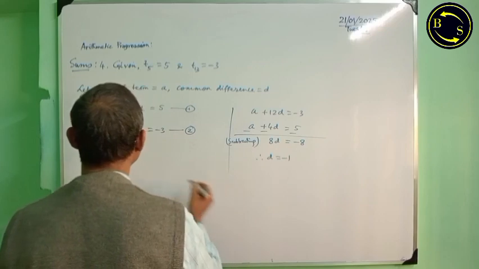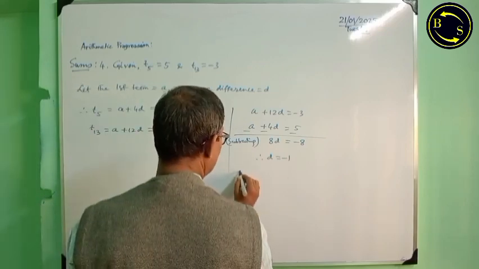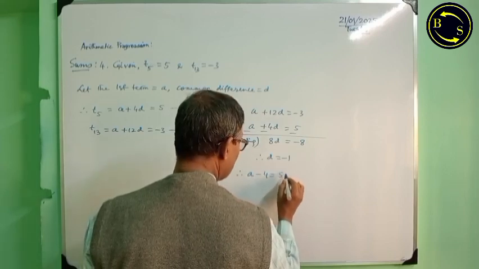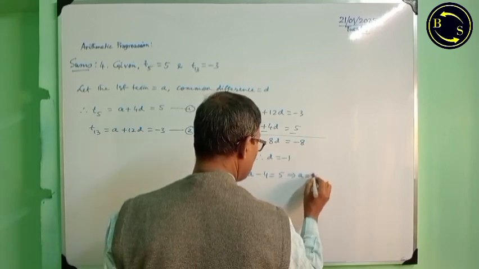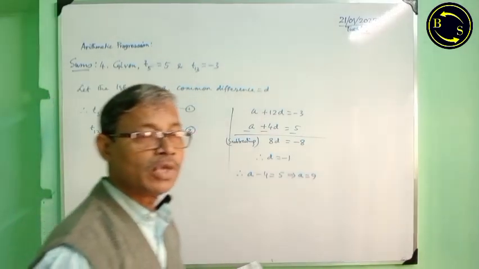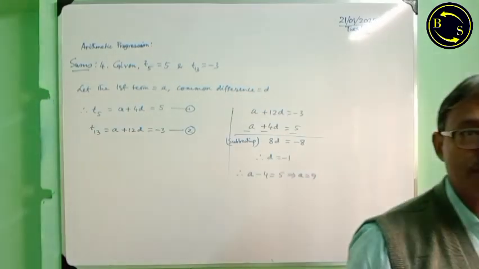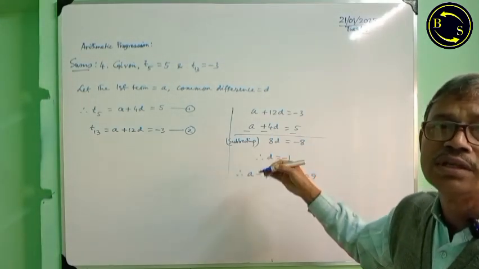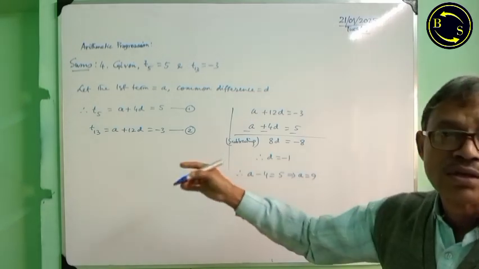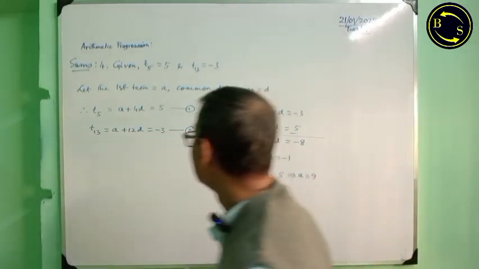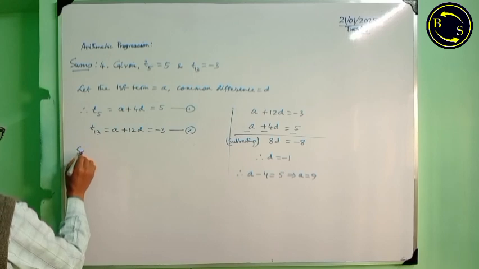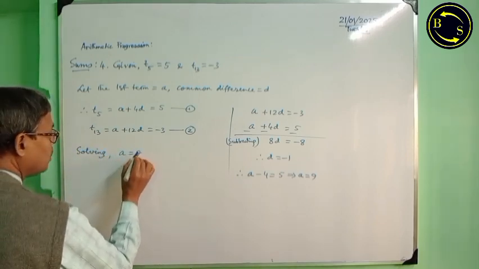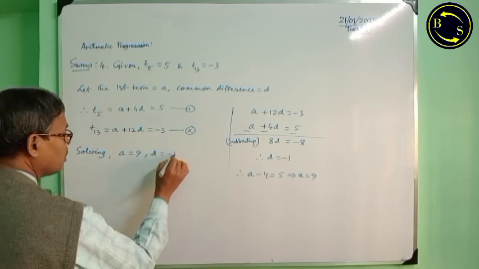Now we put the value in any of the two equations. a minus 4 equal to 5, from that a equal to 9. In this case, we do not have to show the detailed steps of solving. We can solve on the right side of the sum concerned. Then there we write a equal to 9, d equal to minus 1.